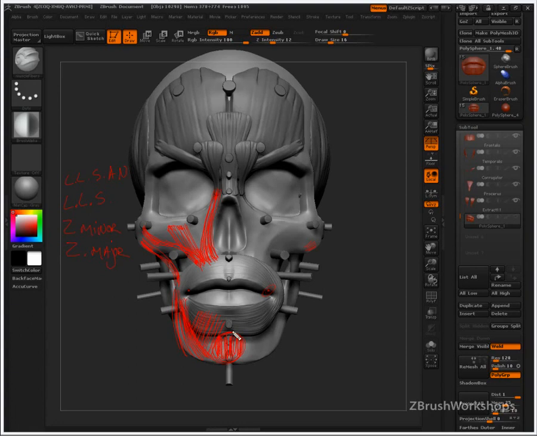The mentalis really pushes up the lower lip in so many different ways. And so you have to add a lot of volume. It is not a small muscle. It's quite large.